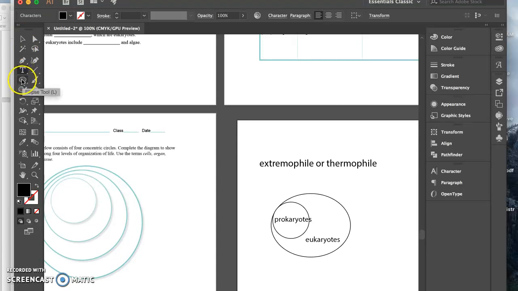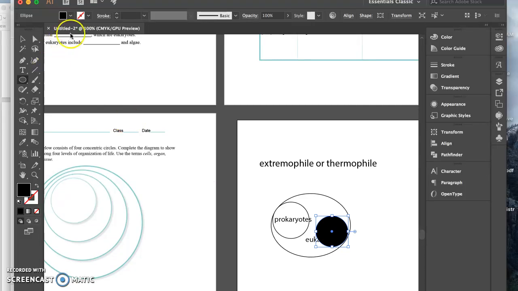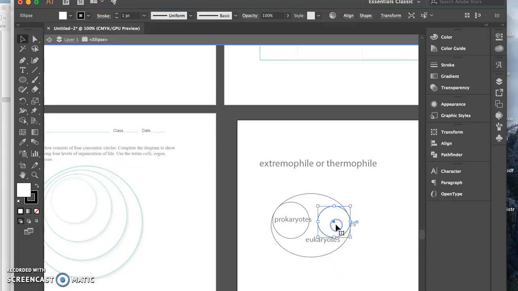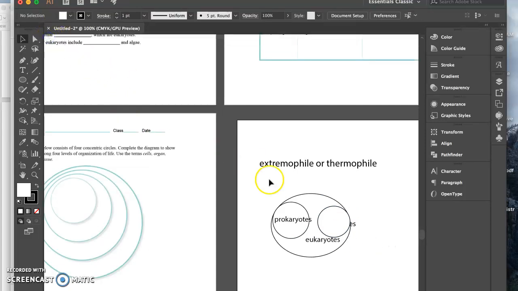And most of these things that are eukaryotic are also multicellular. Oops, let's try that again. Sorry about that, Chief.